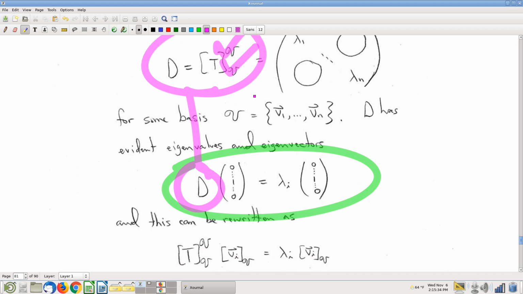And given that, I realize that everything else in this equation must be in the language of this script V basis. So let's think in terms of this bunch of zeros with a 1 in the ith position. With respect to the script V basis that we're using here, what is that vector the coordinates of?